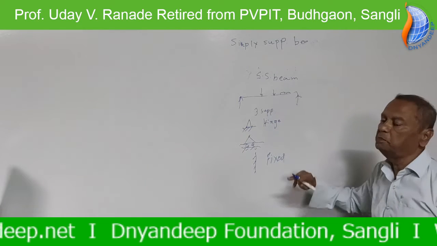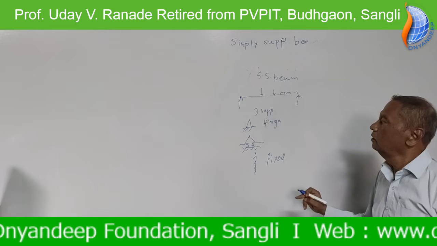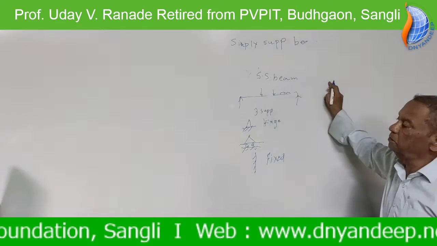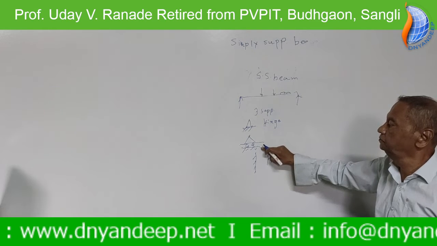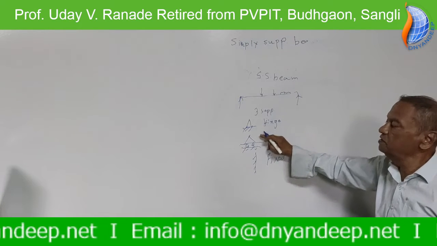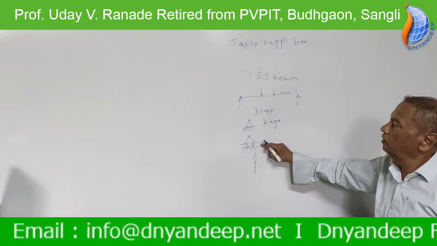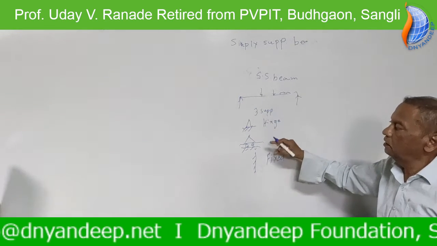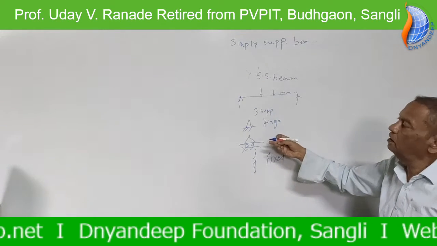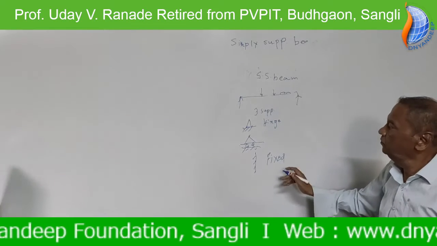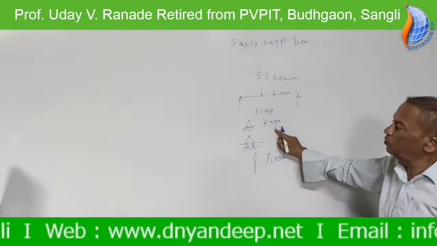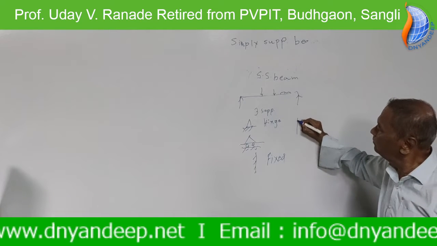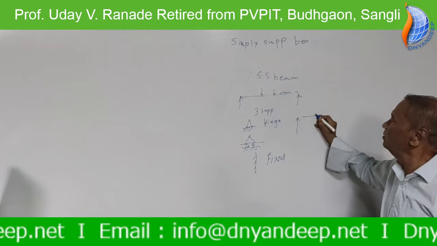Now in simply supported beam and cantilever beam, there can be hinge, roller. Now this hinge and roller can be at different points. I will explain how those supports are. Now for hinge support, there are reactions. For hinge support, there is vertical reaction and horizontal reaction.